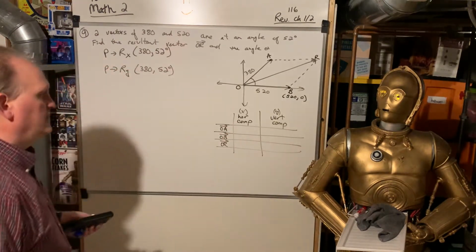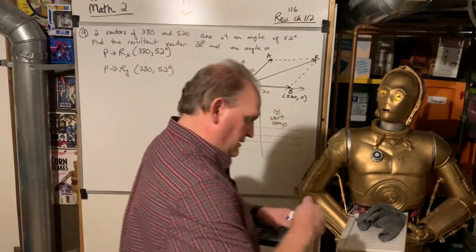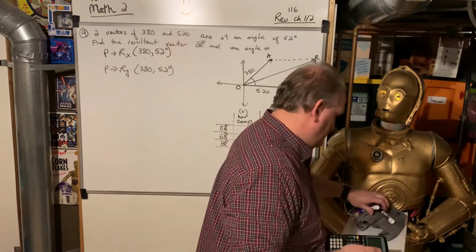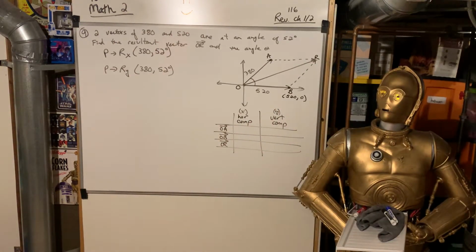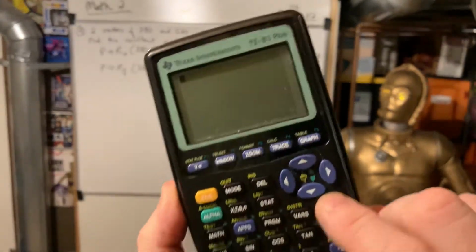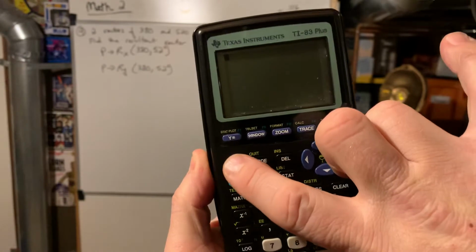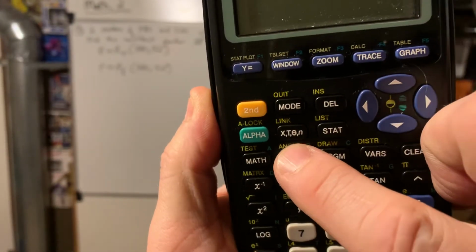Okay, so on the calculator, here, C3PO can hold my markers. How you find it is you hit second and then the one that says angle right there.